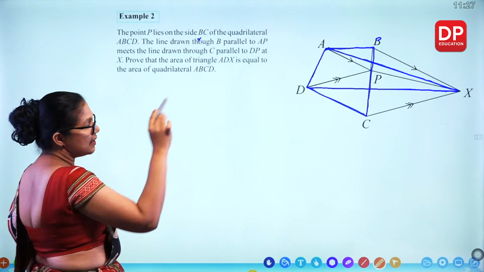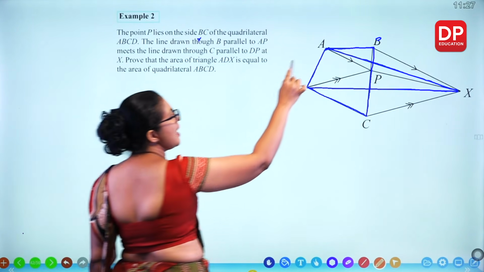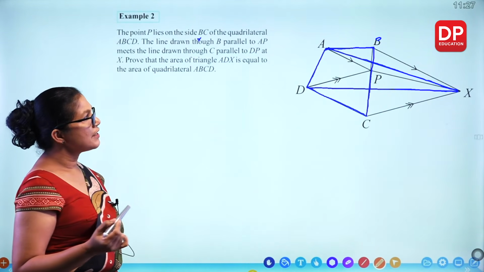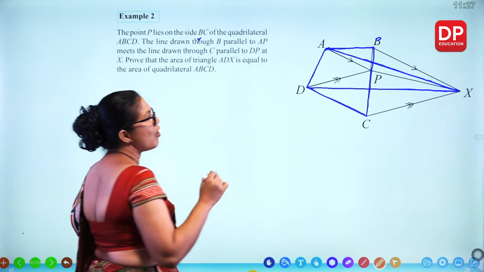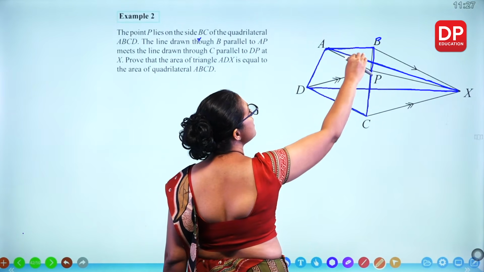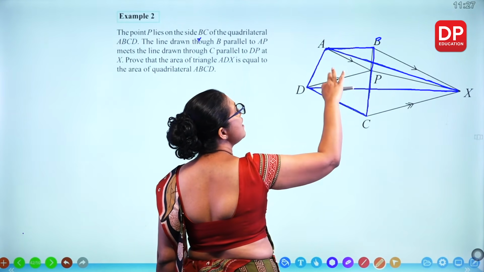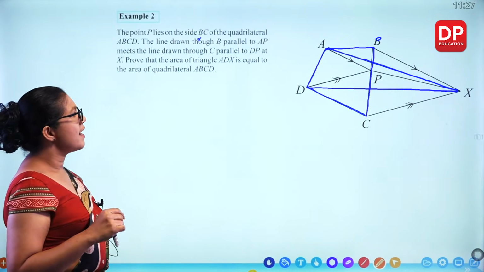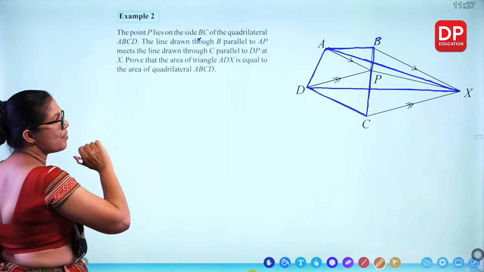Okay, so now we'll consider ABCD quadrilateral. When you take that quadrilateral, I can take these three triangles, and when I add these three triangles, I get the quadrilateral. So I'm focusing on this.